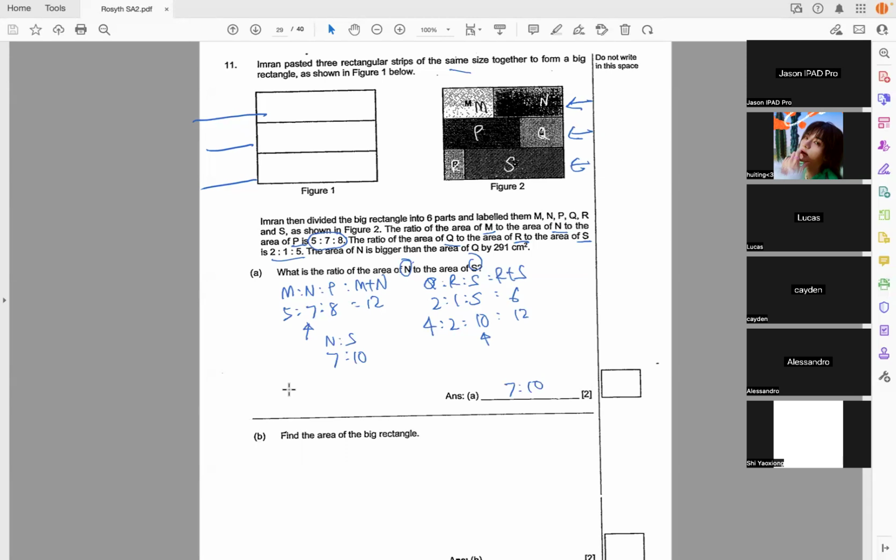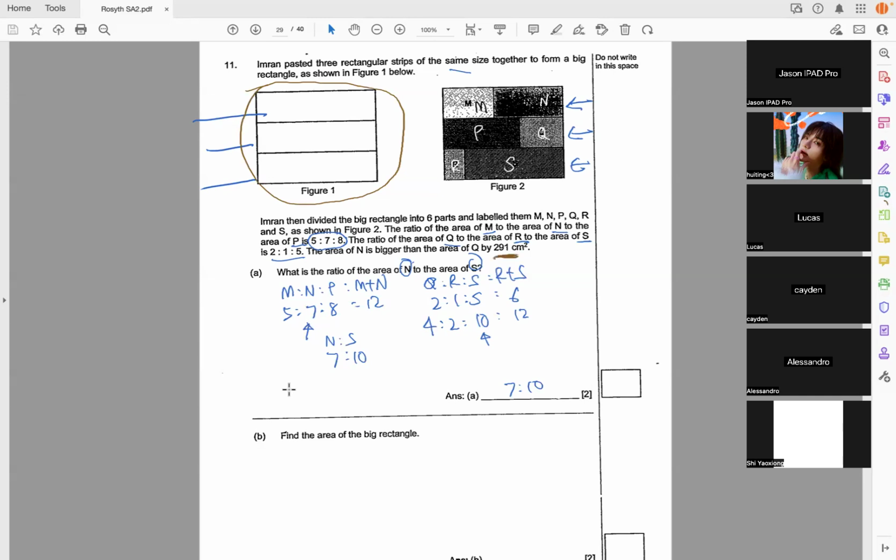Let's look at the next question. Find the area of the big rectangle, which is, we're talking about figure 1, I guess, the big rectangle. So let's look for a value in the question. The value in the question is 291.